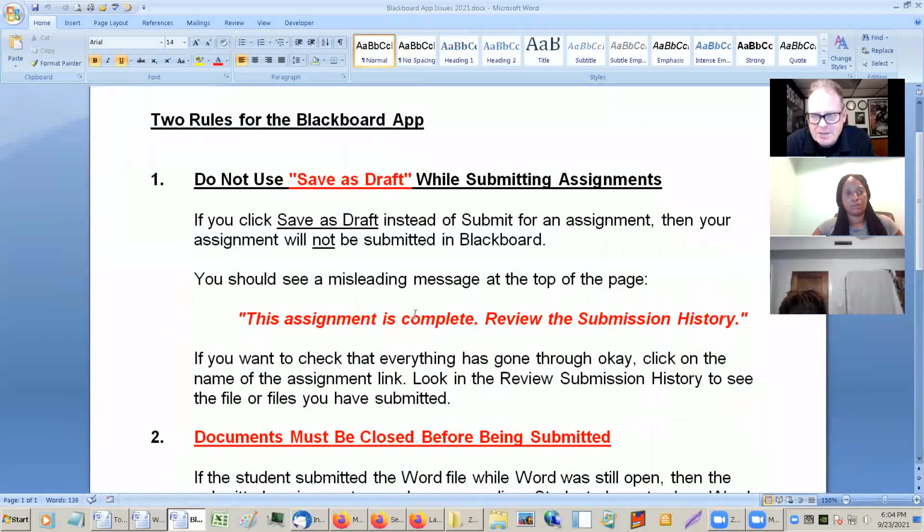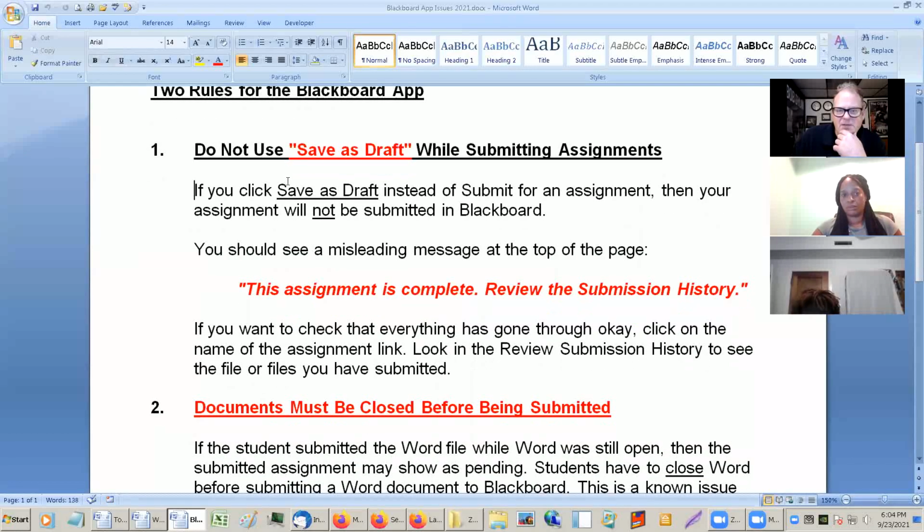What I'm kind of finding is, and this is not unique to us or any particular student, is that there's actually a couple things that come up that can get in the way of submitting an assignment.